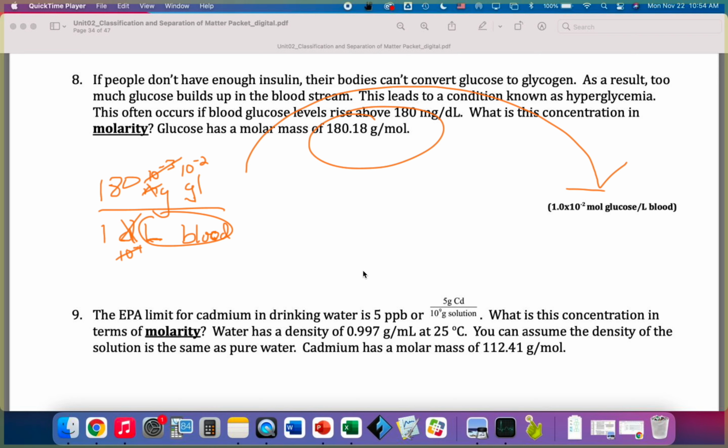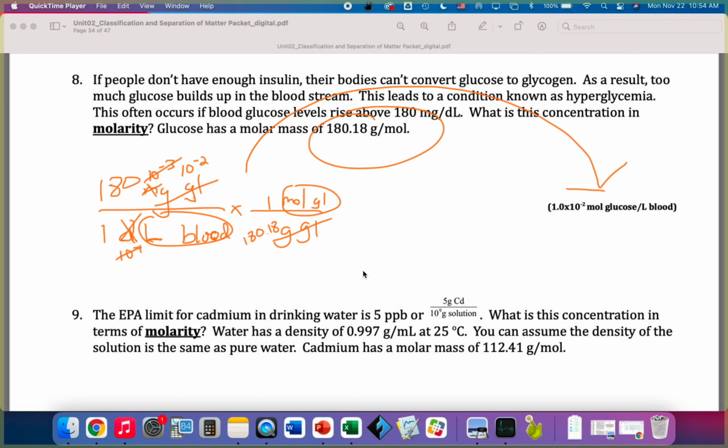Now that I have grams of glucose, we can cancel grams of glucose on the bottom with moles of glucose. And it is still 180.18 grams per 1 mole. So with that last unit conversion, I've got moles per liter.